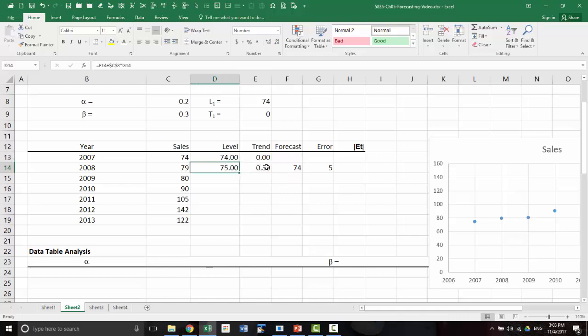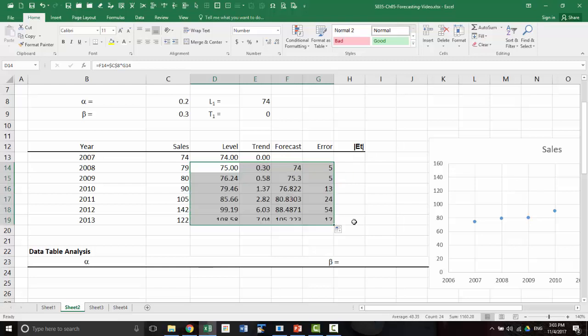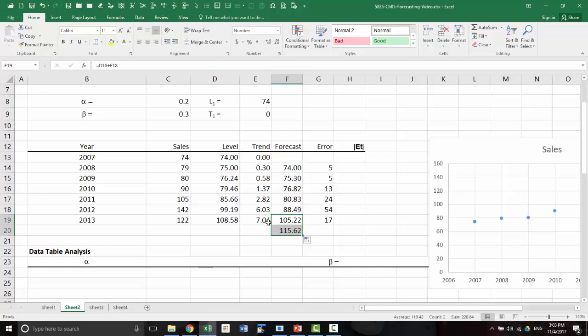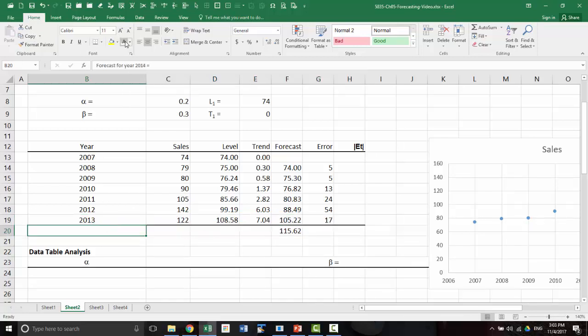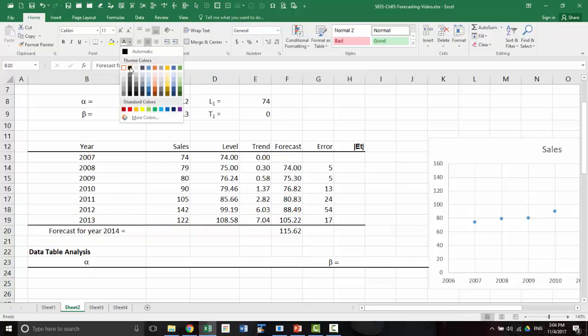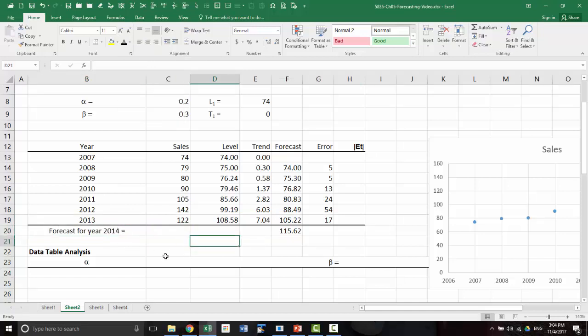Okay, so now we have set up the model. Now these four formulas can be copied. The forecast, you can go one over, so that will give you the forecast for 2014.